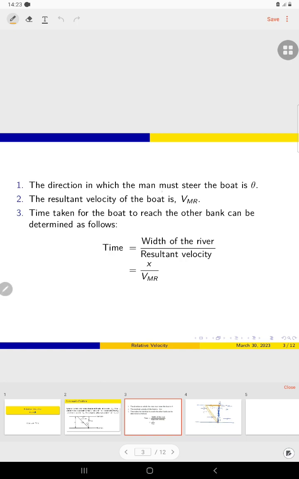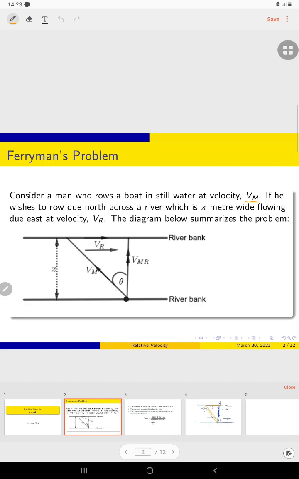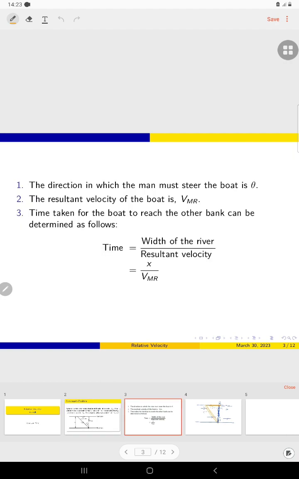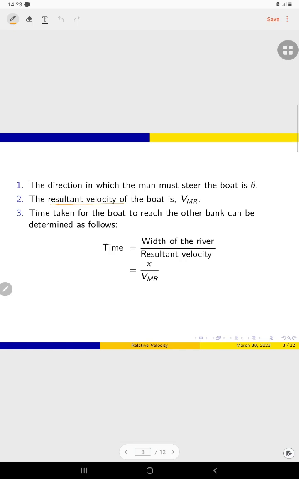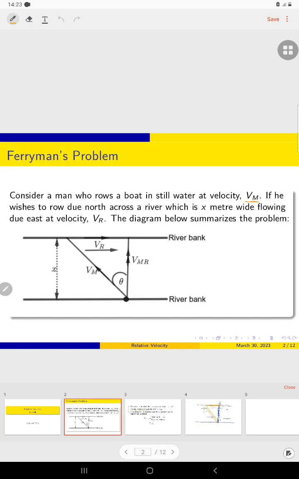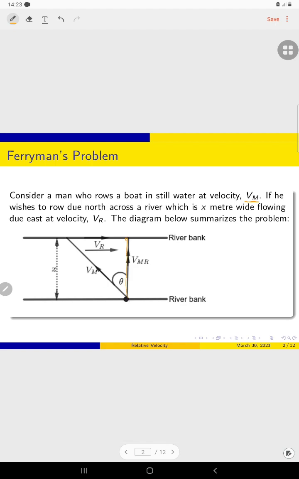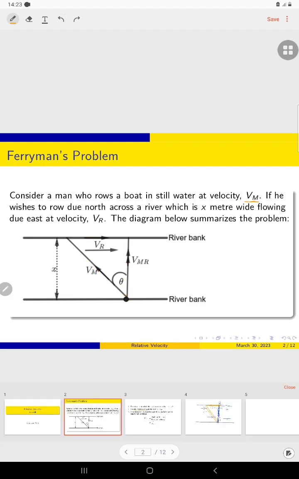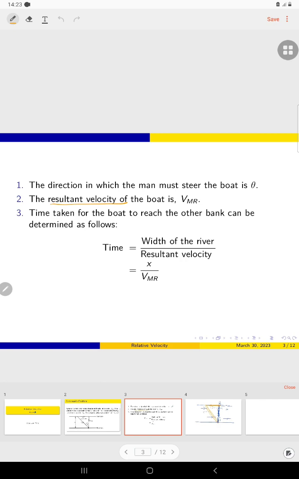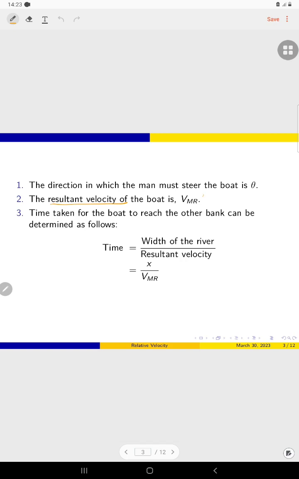The direction in which the man must steer the boat, according to our diagram, is theta. Then the resultant velocity: instead of moving straight across, he moves this way, and that is the resultant velocity. We are using the symbol VMR for it, but you can use any letter.